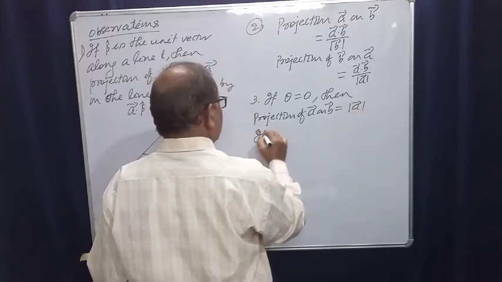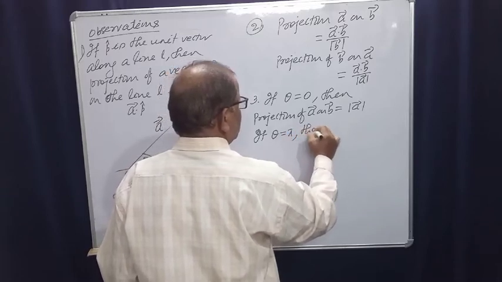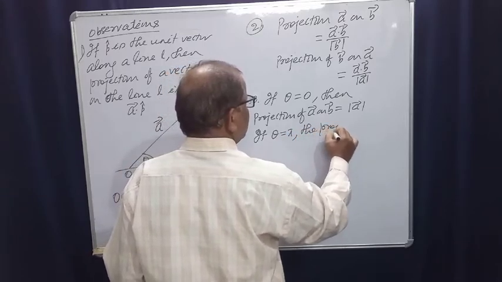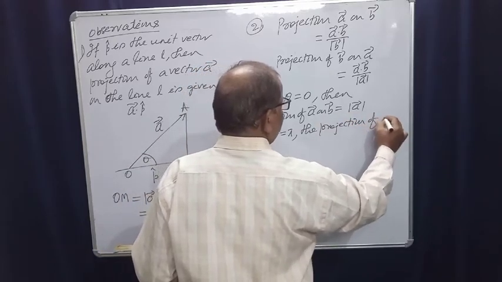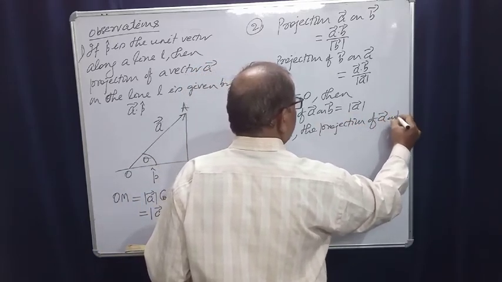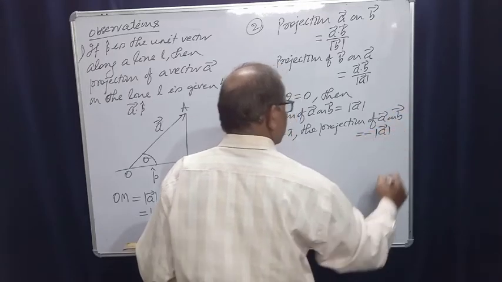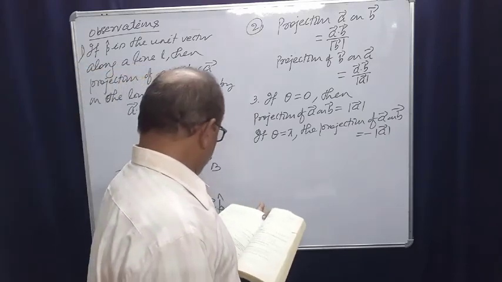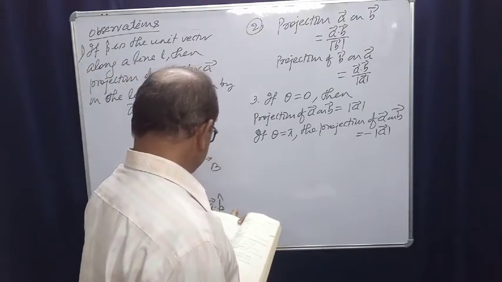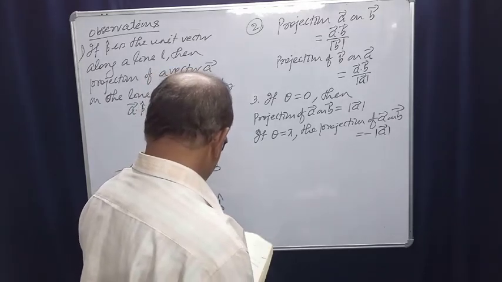If theta is equal to pi, then the scalar projection of A on B is equal to minus magnitude of A. Right?